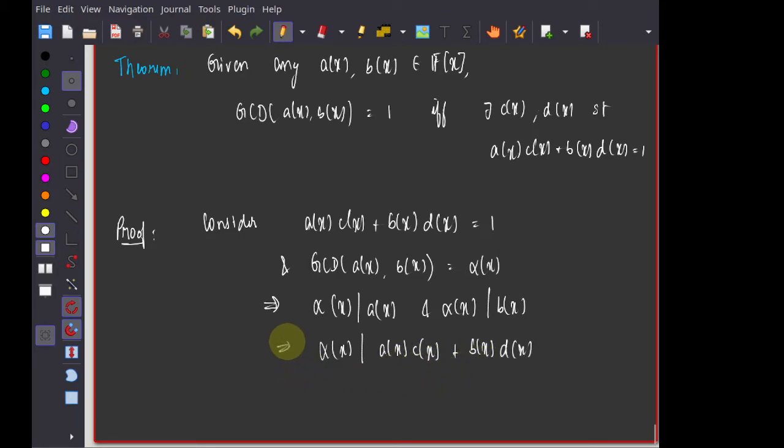Right? But you know that this is equal to 1. Correct? So alpha of x should divide 1. Right? Which means that alpha of x has an inverse. And the only elements in the polynomial field that have inverses are the scalars. So any polynomial of degree greater than or equal to 1 does not have an inverse.